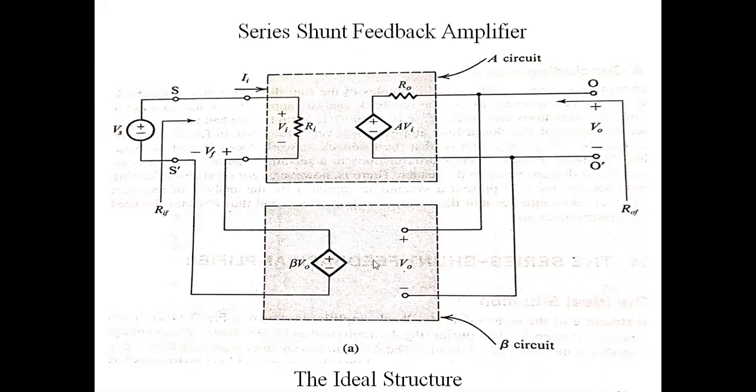The A circuit has an input resistance Ri, a voltage gain A, and an output resistance R0.